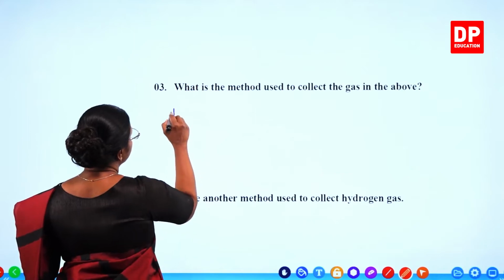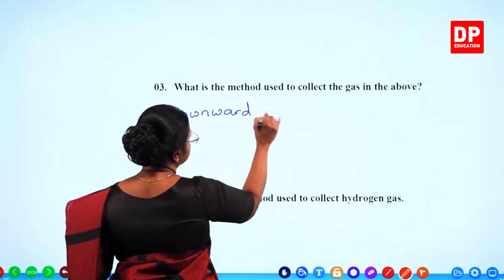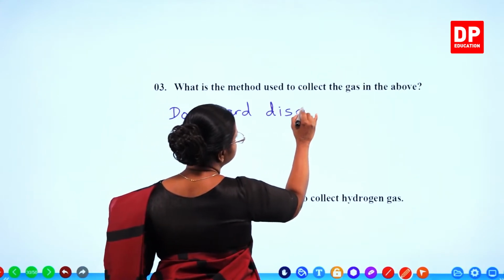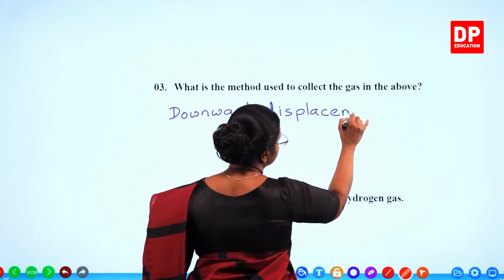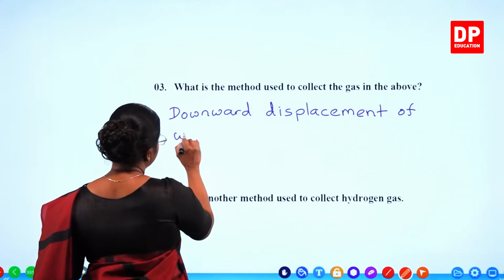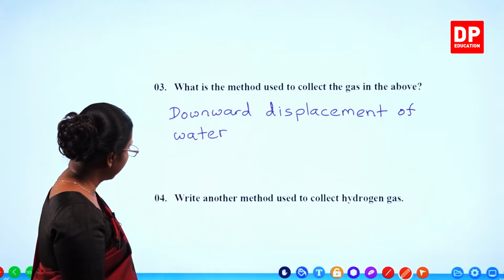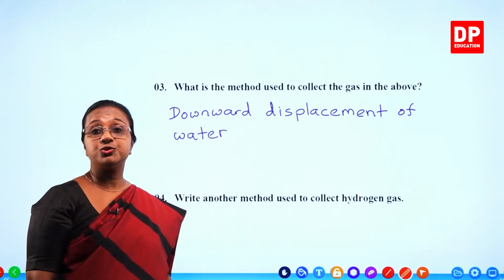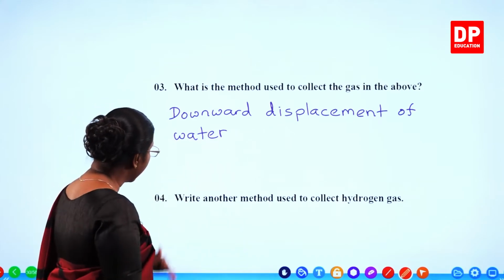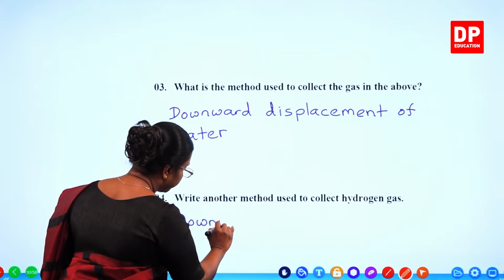Normally, we use downward displacement of water. And here the next question you can see, write another method used to collect hydrogen gas. So there I will write it as downward displacement of air.